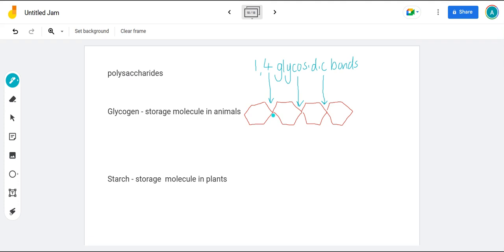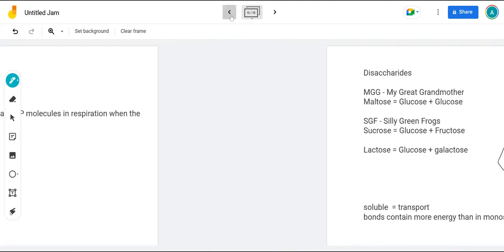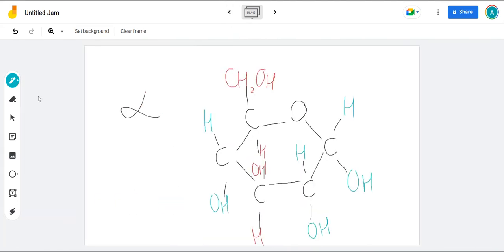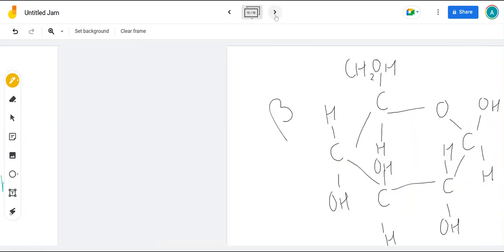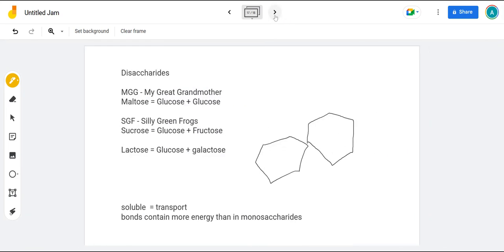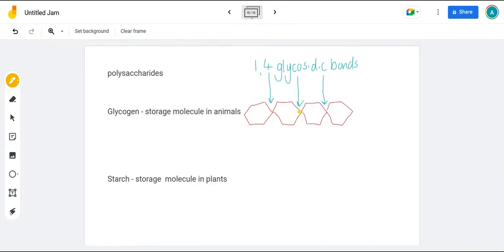Okay, so if we go back to the alpha glucose molecule, this is carbon number 1, carbon number 2, carbon number 3, carbon number 4, carbon number 5, carbon number 6. And this carbon of one molecule is joined to this carbon of the next molecule, and that's why it's a 1,4 glycosidic bond.